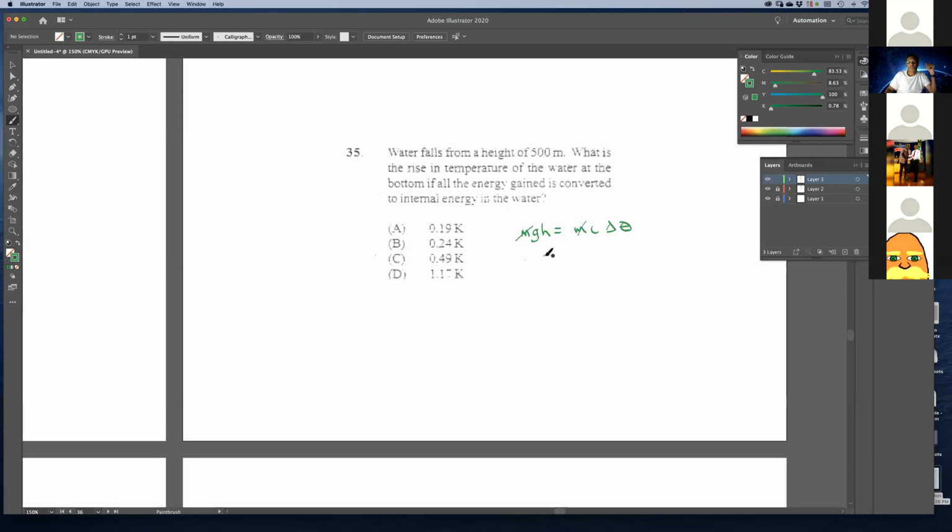So therefore, delta theta, the change in temperature, is equal to gh over c. We know g is 9.81 or thereabouts, h is 500, and the specific heat capacity of water is 4,200.